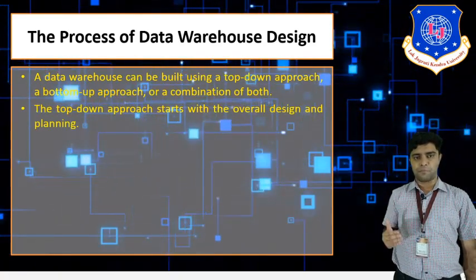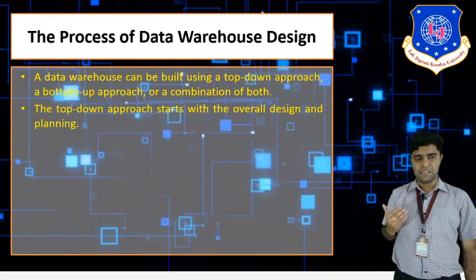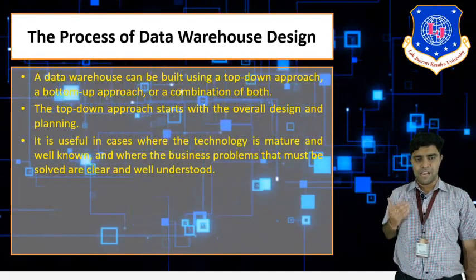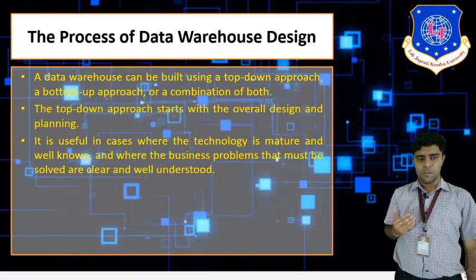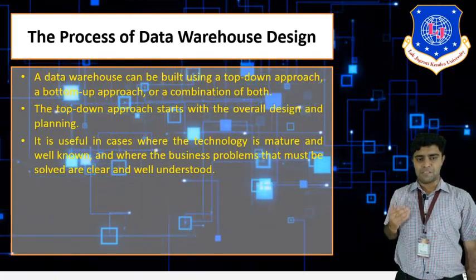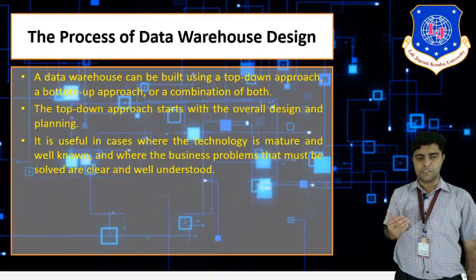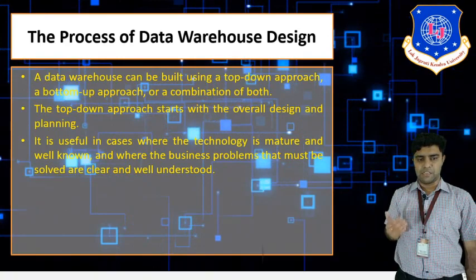First we do the overall design and then plan that design for the data warehouse. It is useful where the technology is mature and well known, and where the business problems that must be solved are clearly and well understood.